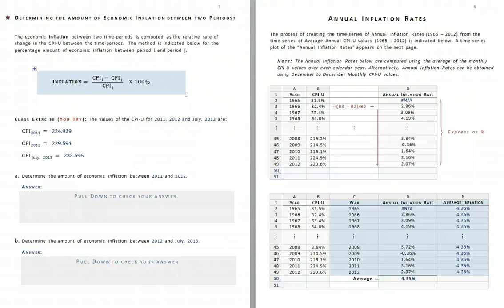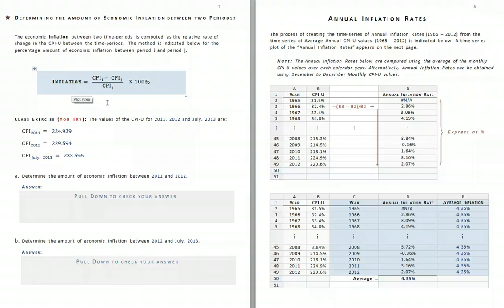The second common use of the CPI-U is to compute the amount of economic inflation. The amount of economic inflation between the jth and the ith period is computed as the relative rate of change in the CPI-U between those 2 periods.